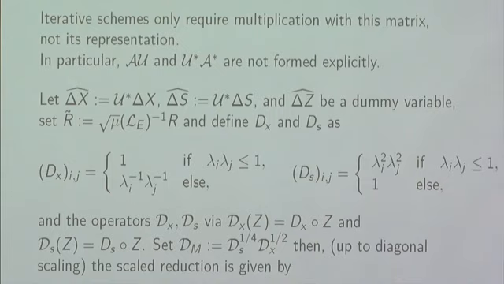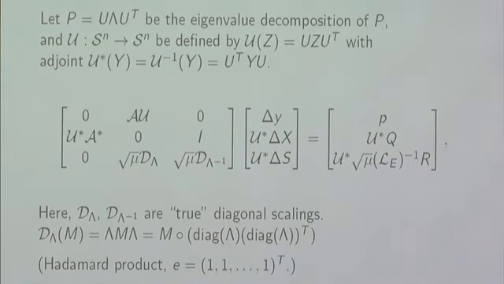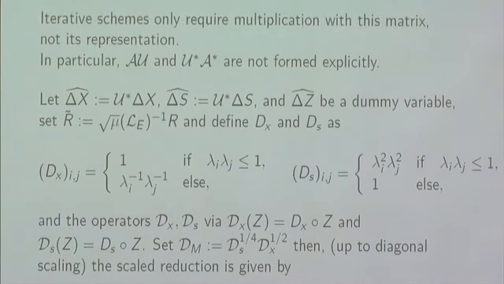So when we use iterative schemes, this is an artificial variable, so we don't have to compute A U. So typically A is sparse, and if you compute the operator A U, this would be a dense operator, but we don't compute that, so the only thing we need is we know how to apply U, and we keep the sparse matrix A.